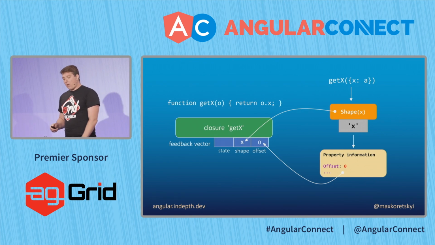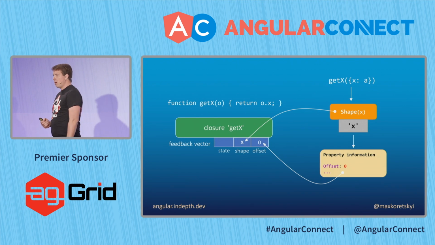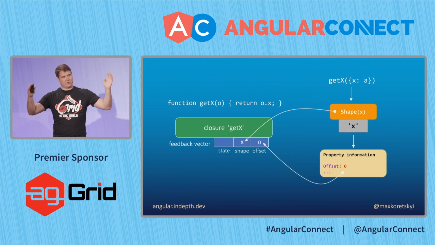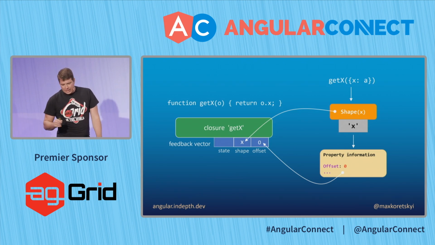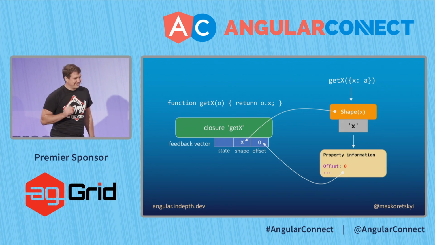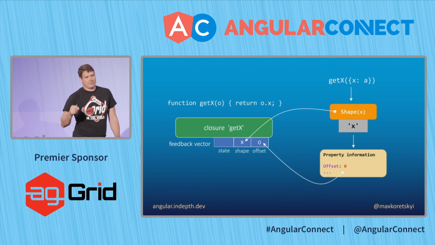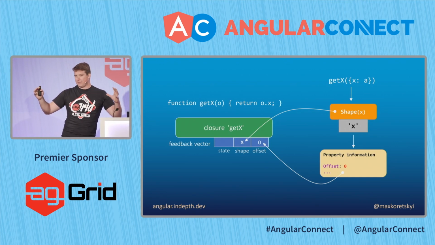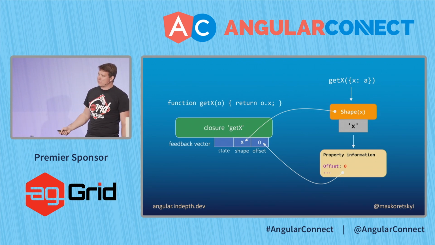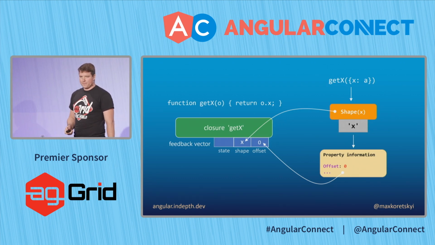Next time, we need to first compare the shapes, and Mishka showed that, he called it the hidden class ID. So it compares the hidden class ID, and if it matches, then there's no need to go through that lengthy process again. You can just pick the information from the cache.